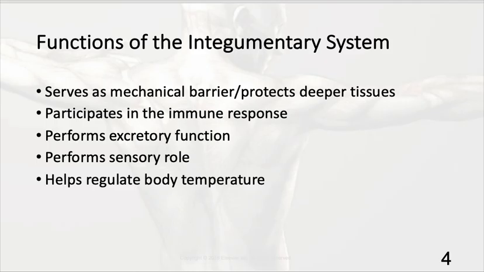It has deeper receptors to detect pressure, also sensory receptors to detect pain and temperature. So this sensory information helps protect us from injury and also lets us interact with our environment, right? To be able to feel specific surfaces, to be able to detect some harmful stimuli such as sharp objects or extreme heat.